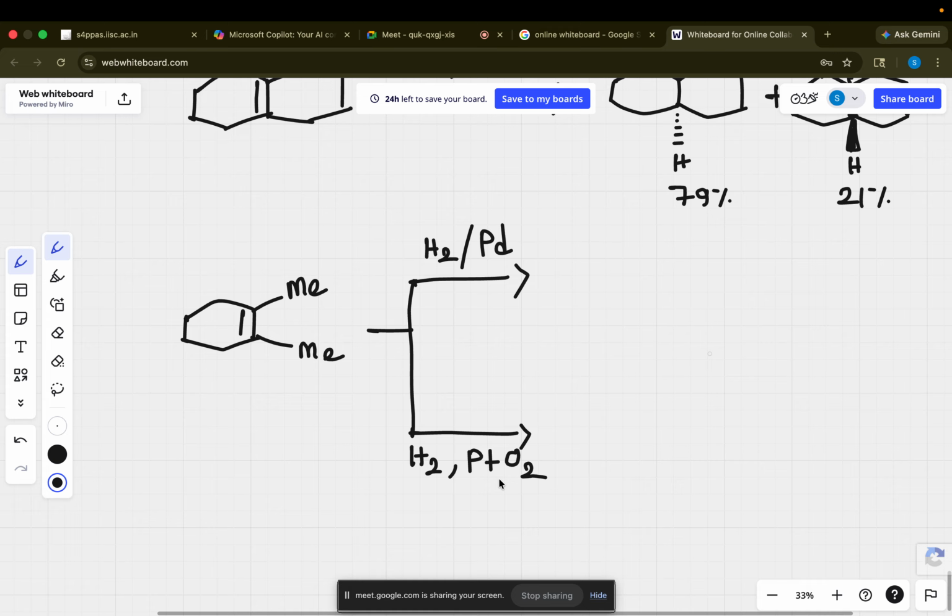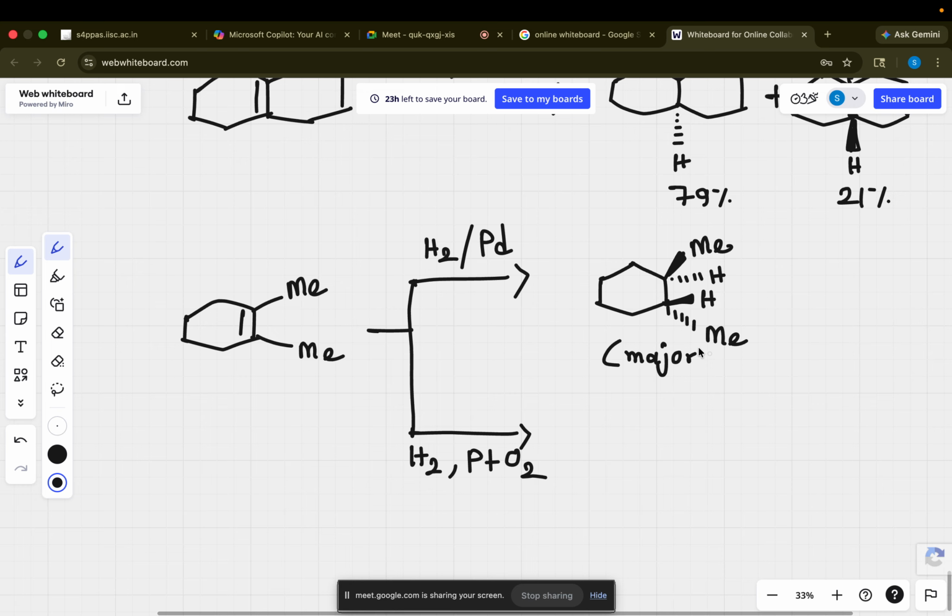The first one gives the trans product, the second one gives the cis product. Definitely hydrogen addition will take place, but trans addition, right? Suppose methyl is above the plane, then hydrogen will be below the plane, and here hydrogen will be above the plane and the methyl will be below the plane. That is your trans addition, and that is actually your major product.